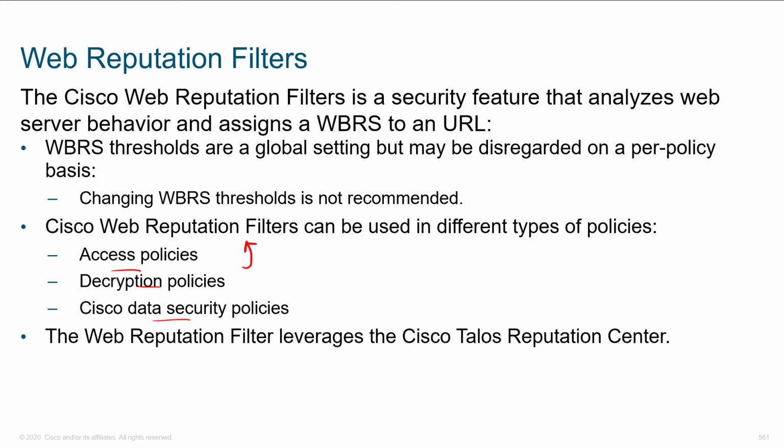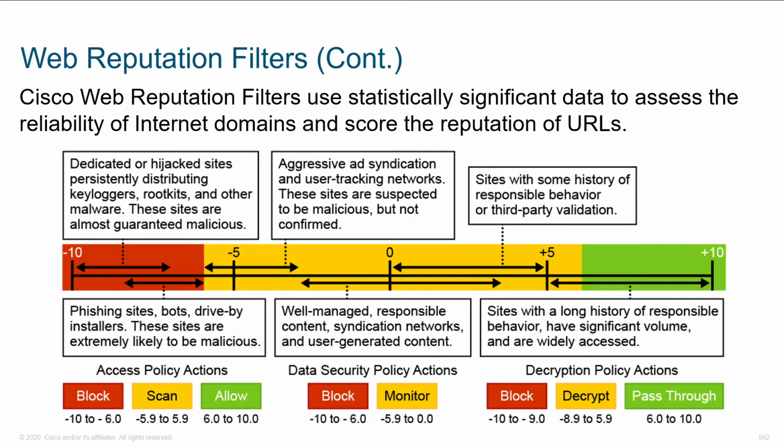That is to say, if a site seems very hostile, we could take one action in terms of access or decryption. And if we look at another site that might be a little bit less hostile, we could take a different approach there. So here's a nice scale that shows us how that web reputation filter actually works.